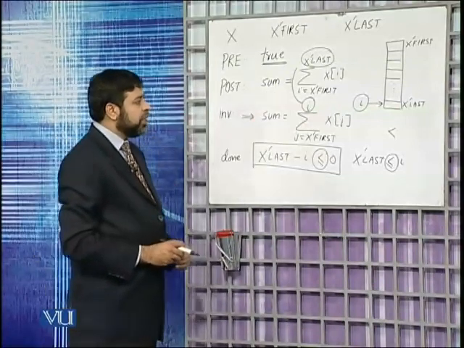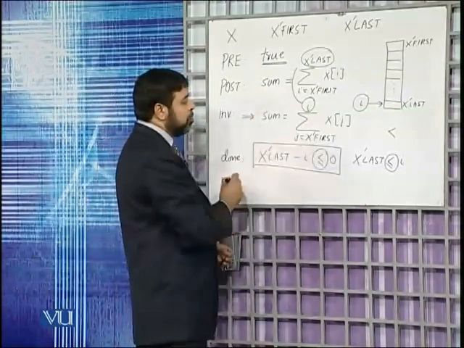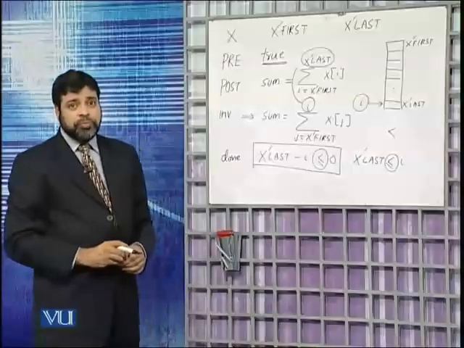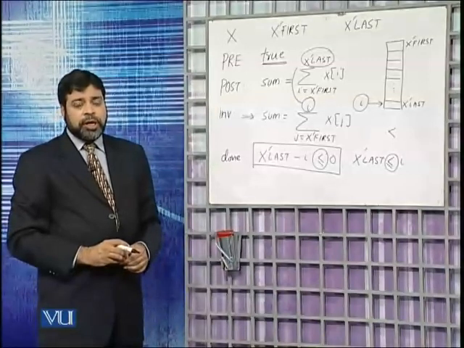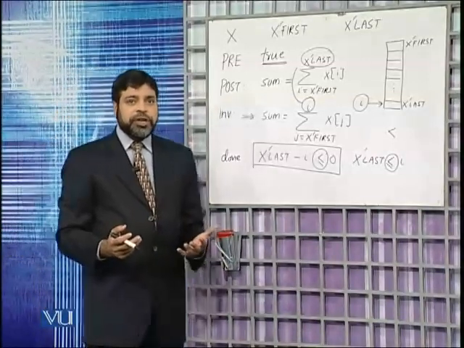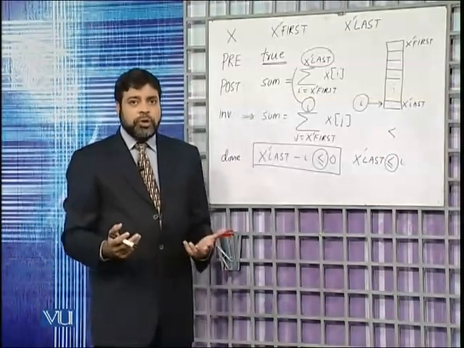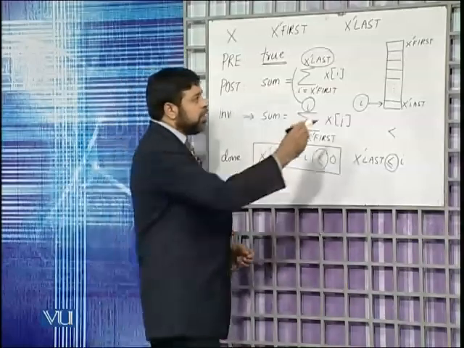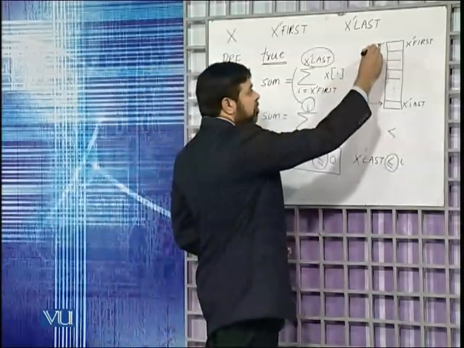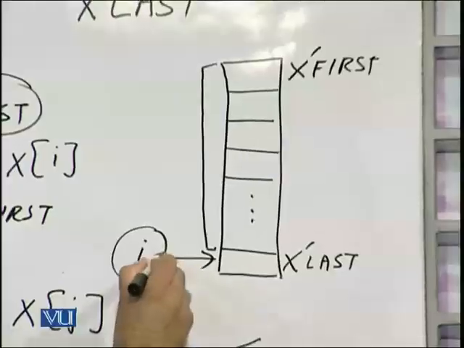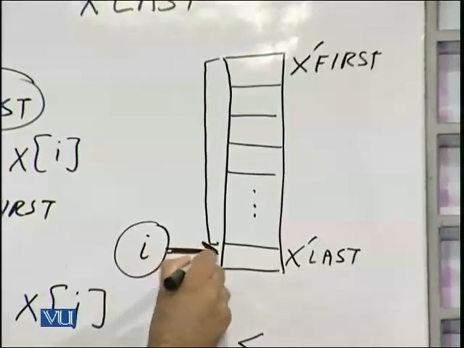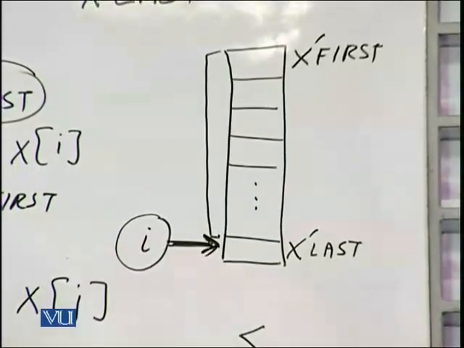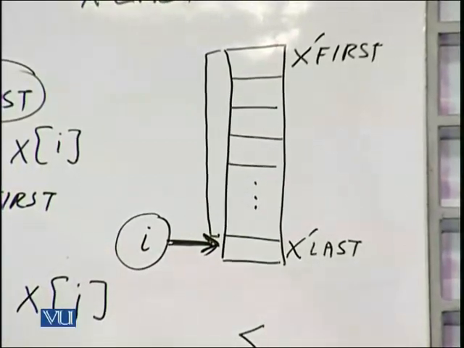The invariant condition says that I have the sum of all the elements from first to I. Now the question is, is that invariant condition true, or do I need to change the invariant condition here? In this sum, when I come to this point, the value of I is x last.